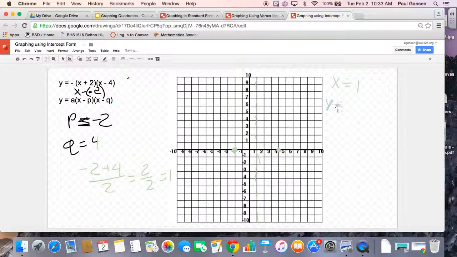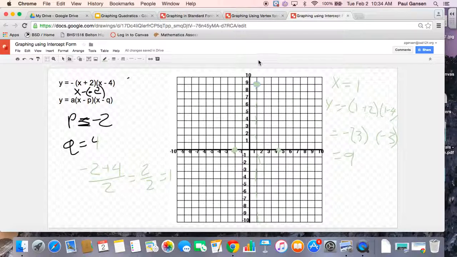So y equals negative 1 plus 2 times 1 minus 4. 1 plus 2, of course, is 3. And 1 minus 4 is negative 3. So we have negative 3 times negative 3, we get 9 out. Our vertex is at the coordinate 1, 9. Right there is our vertex.